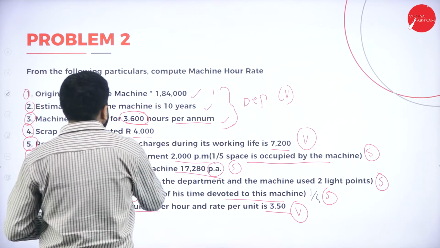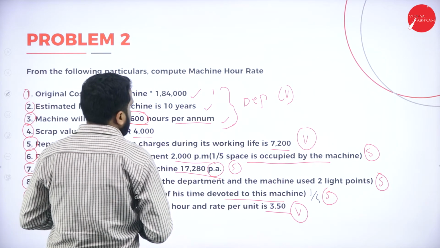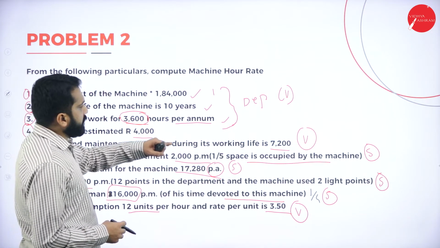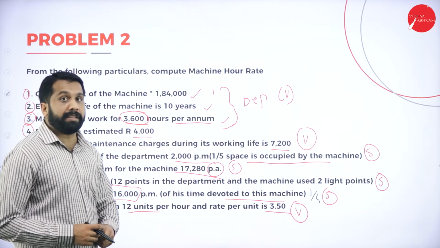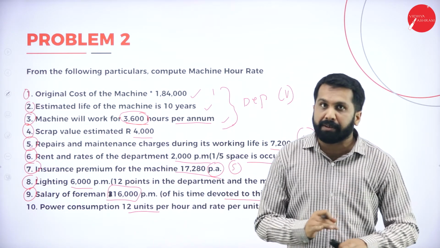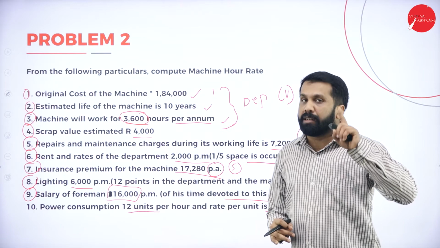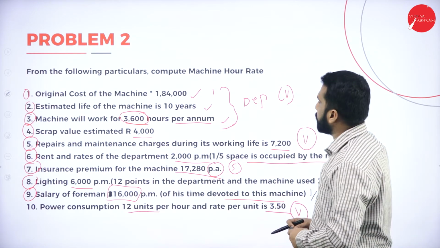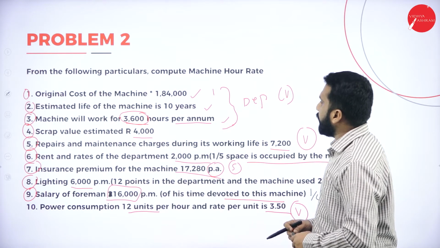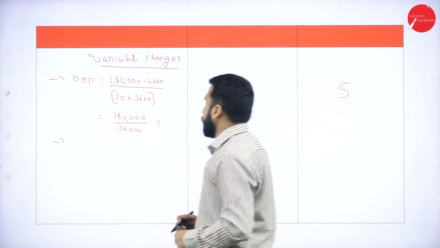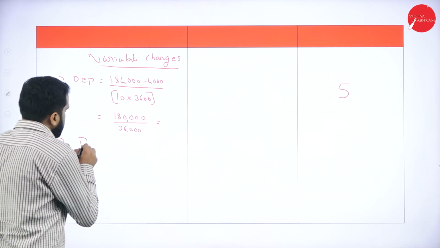Now 7,200 per annum they have given. So repair and maintenance charges during its working life is 7,200. They have not given that per year. Working life means it may be 10 years. So you are supposed to calculate repair and maintenance.